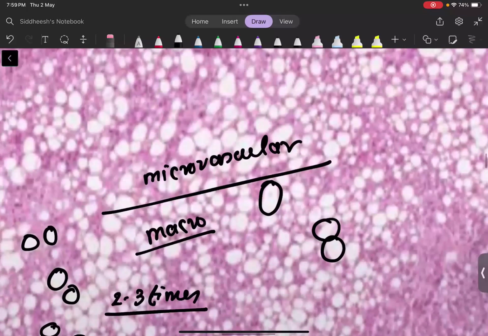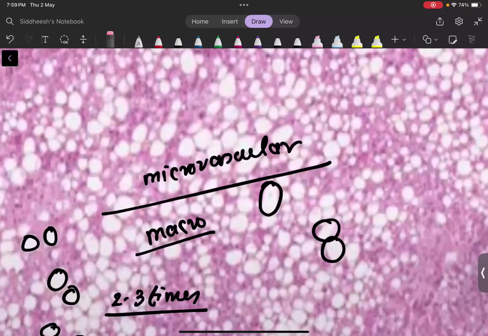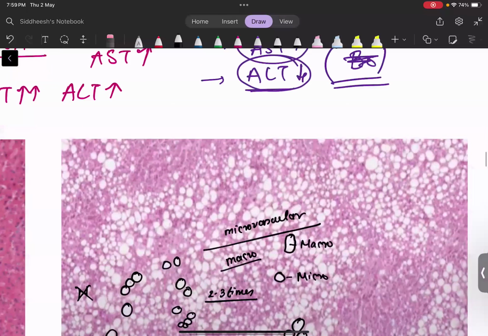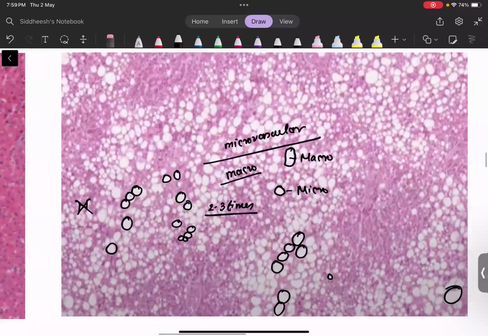A macrovascular. You can only witness the difference in size. This is pretty much big, this is pretty much small, right? So this is what? A macrovascular. This is what? A microvascular. Perfectly fine, right? Now, this is the fat. This is the fat accumulation in the liver.